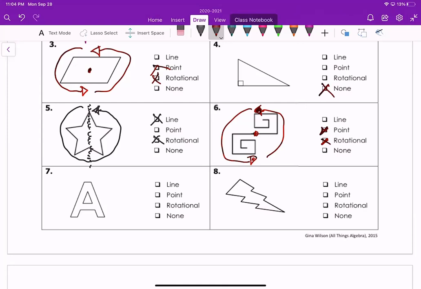Hopefully it's everybody's grade, A. It's just line. You can cut it in half. Number 8 is none, the flash. You can't really do anything with it, so it is none.